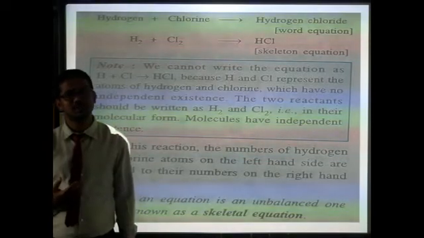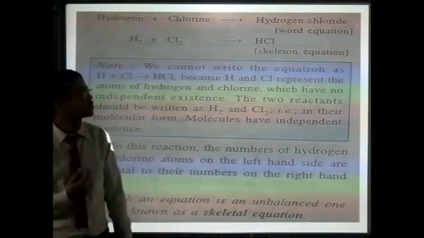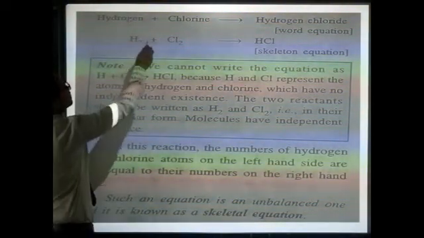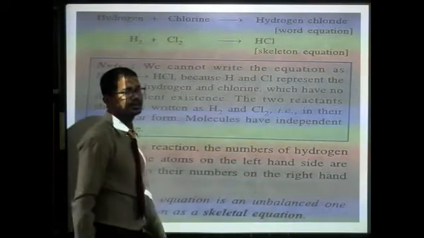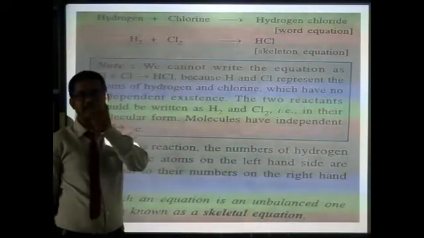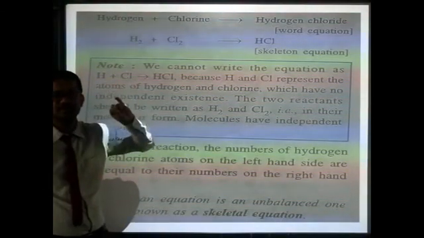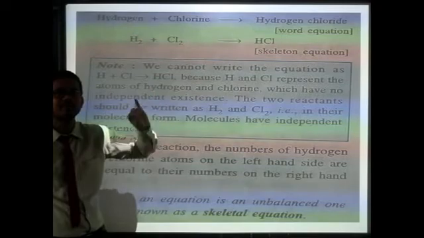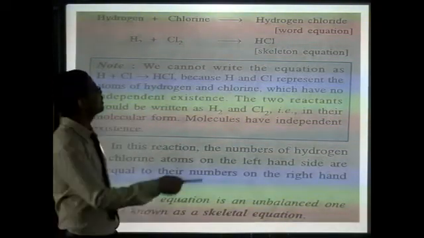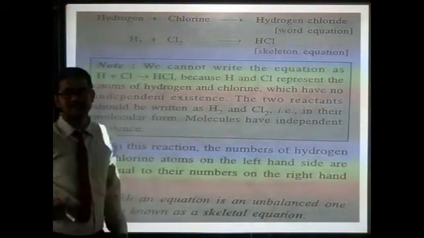So that becomes a symbolic skeletal equation. So H2 plus Cl2 gives HCl, a skeletal equation. And I said chemical equations are of two types, balanced and unbalanced. So what do you think, is this balanced or unbalanced?